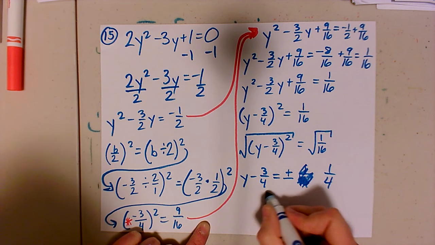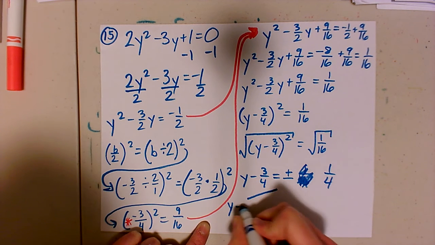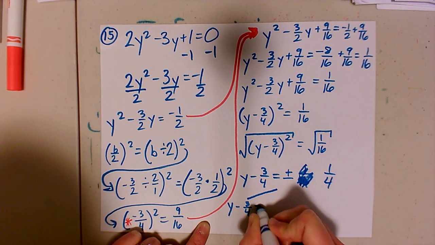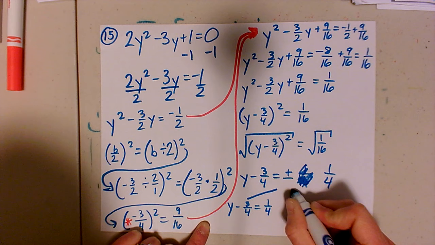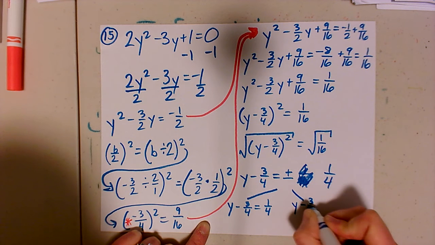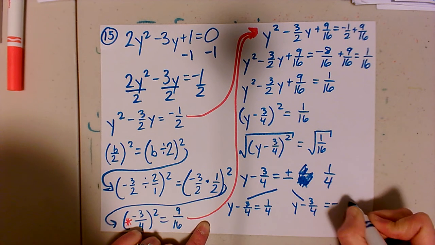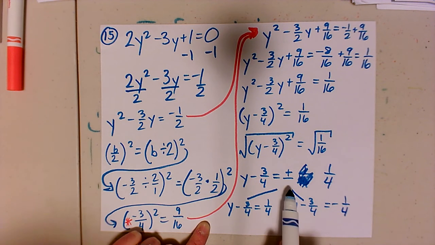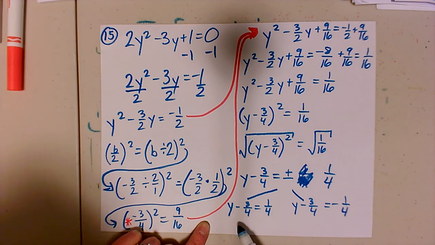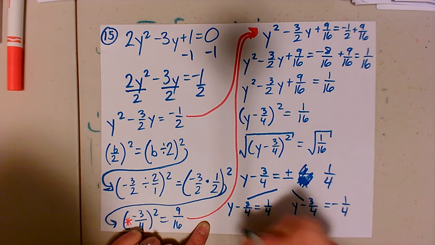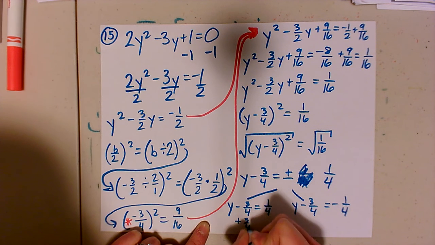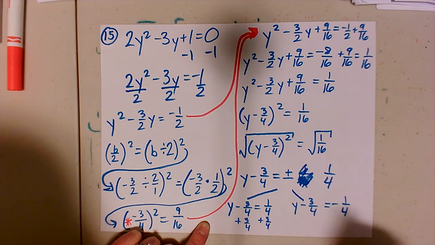So then this turns into two equations. I have y minus 3/4 is a positive 1/4, and y minus 3/4 is a negative 1/4, right? Because I have that plus or minus here, I have to write the two separate equations. So I'm going to solve this equation on the left, and I can add 3/4 to both sides.